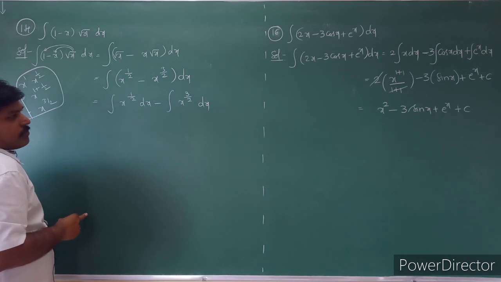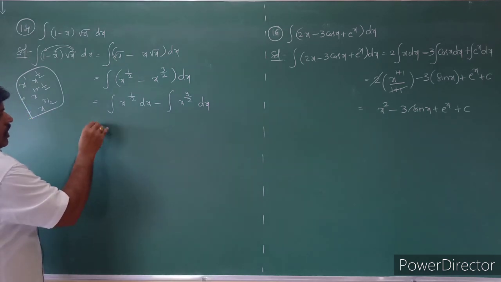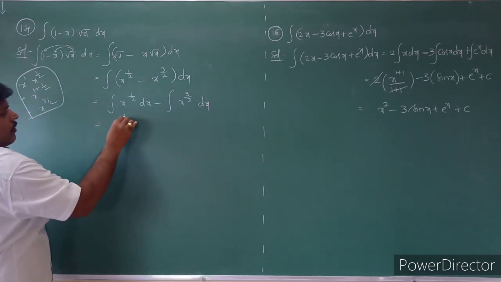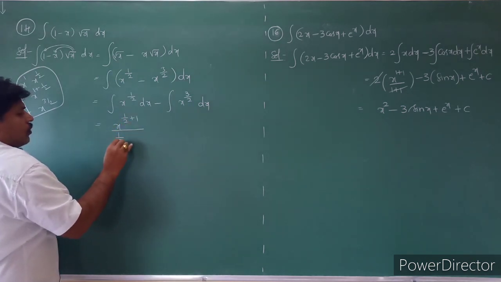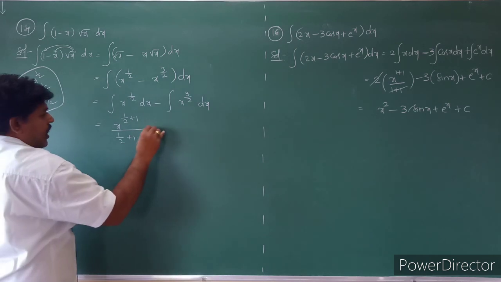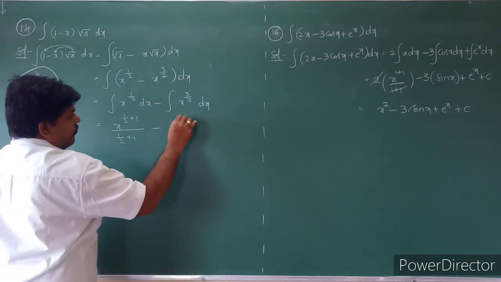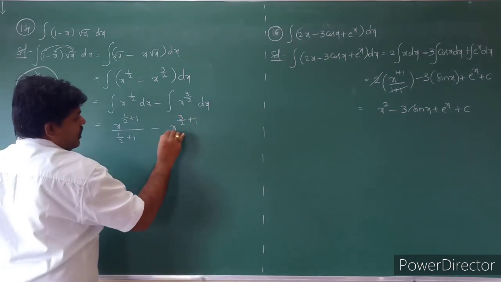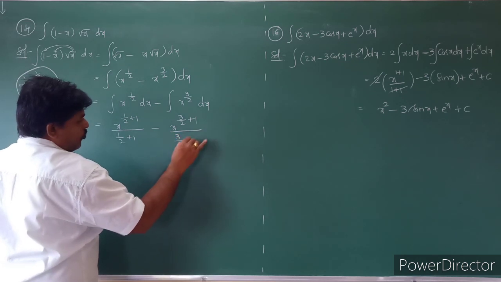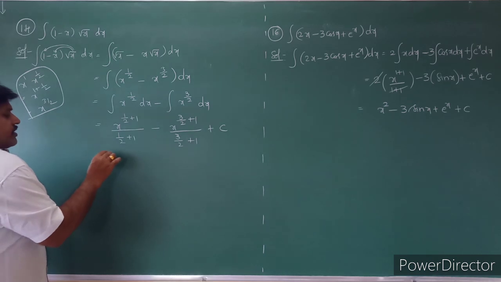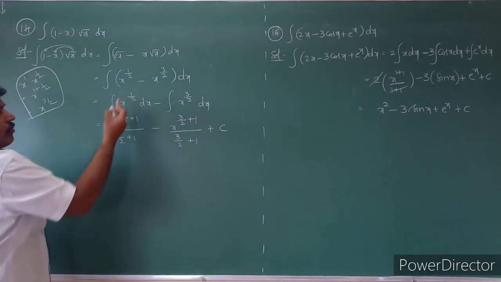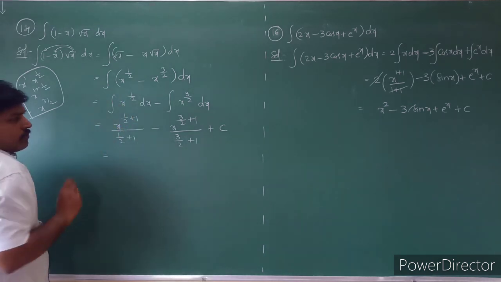So it is in the form of x power n, so apply the formula. What is that? x power 1 by 2 plus 1 by (1 by 2 plus 1) minus x power 3 by 2 plus 1 by (3 by 2 plus 1) plus c. So that is equal to x power n formula, x power n plus 1 by n plus 1.